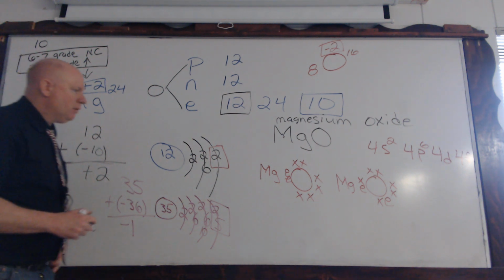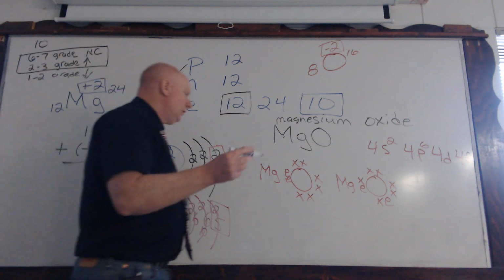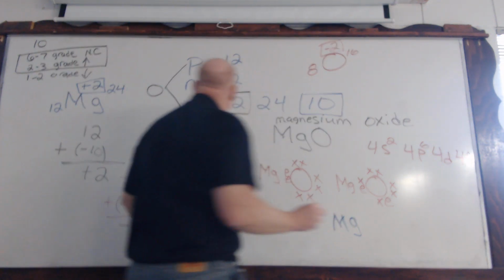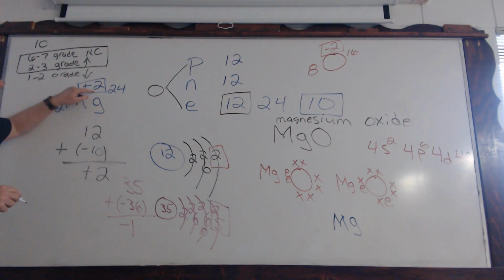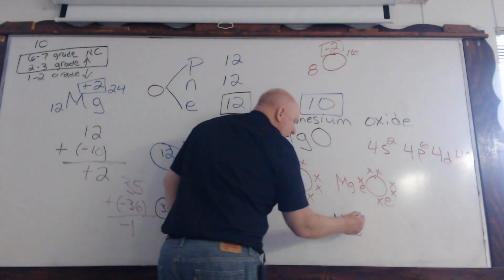So, if we were going to do magnesium bromide now, okay, we've already established magnesium forms a what charge? Plus 2. So how many valence electrons does magnesium have? Okay, so would we possibly put these two electrons together like this?